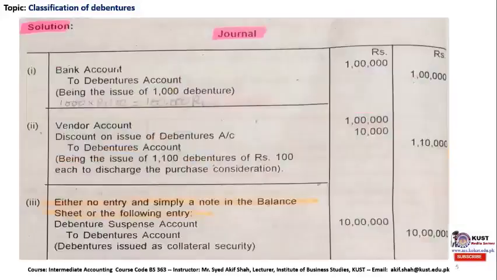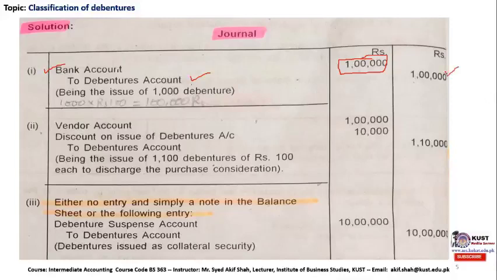The entry will be: the company's bank account will be debited because the investor has deposited 1 lakh rupees into the company's bank account and has purchased the company's debentures in order to earn interest over it.